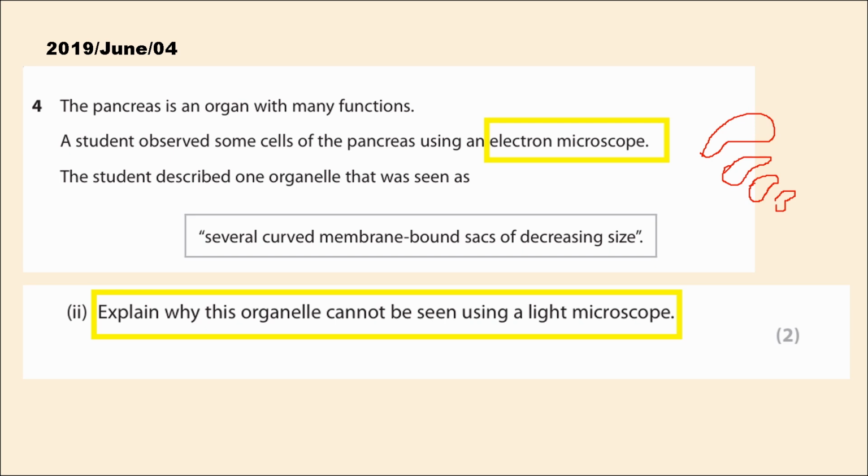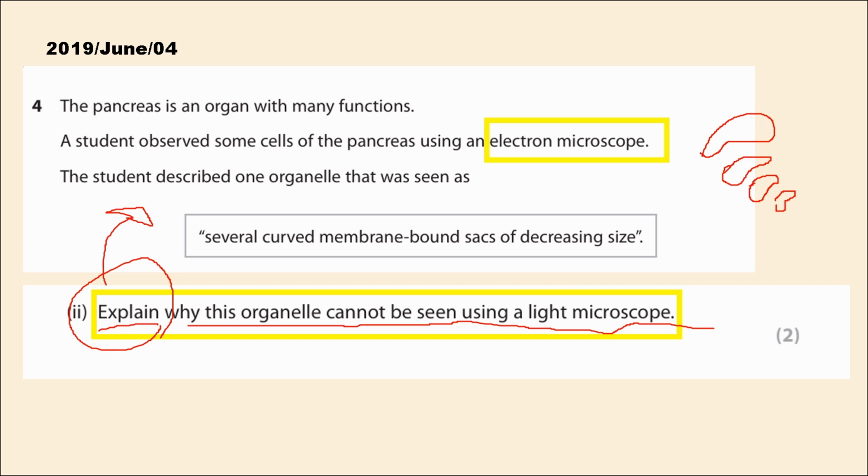And the question was, explain why this organelle cannot be seen using a light microscope. When you are asked to do some explanation, then you have to give some justification, or else give a proper reason why you can't see this organelle using a light microscope.